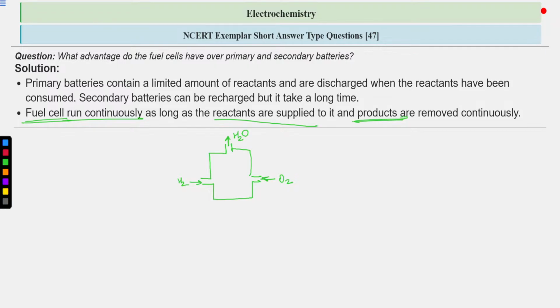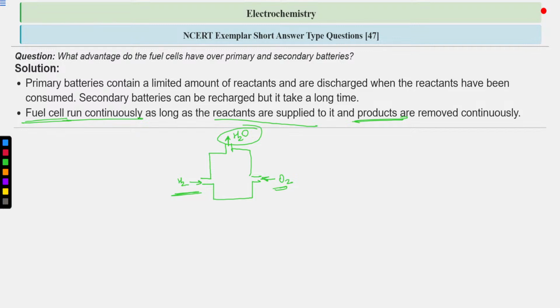And you can remove the products continuously, because as long as you are providing the reactants, you can get the product and remove it from here, and then again add more reactant to this fuel cell. So these are the advantages over the primary and the secondary batteries.